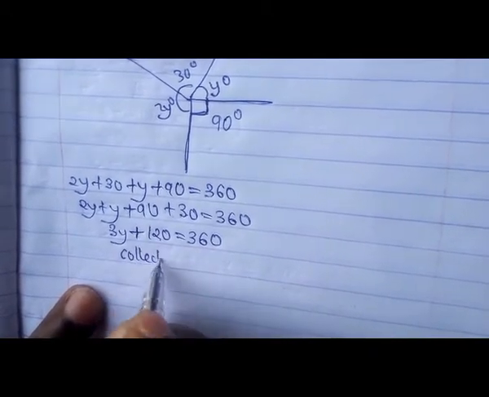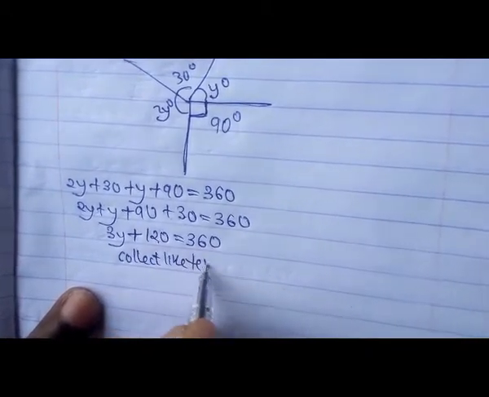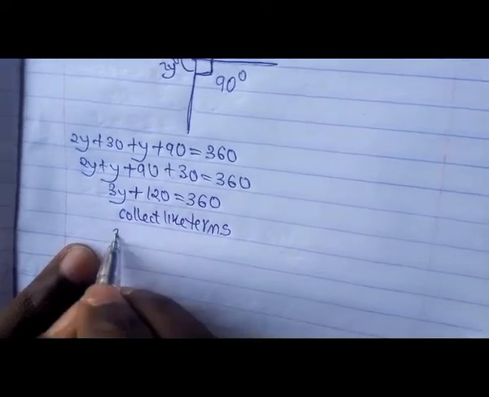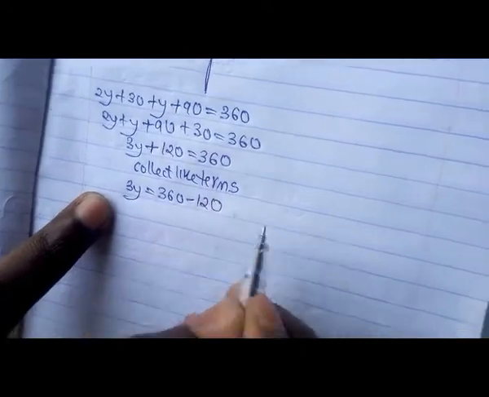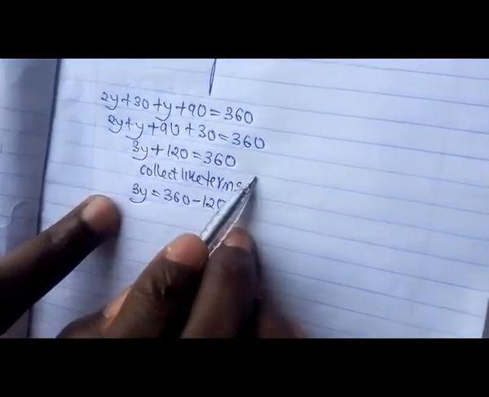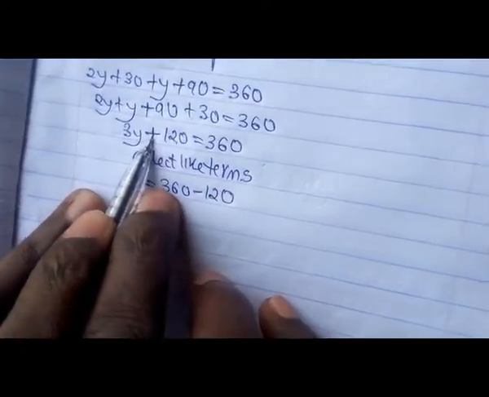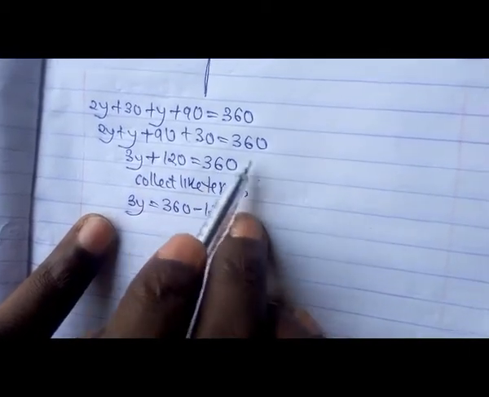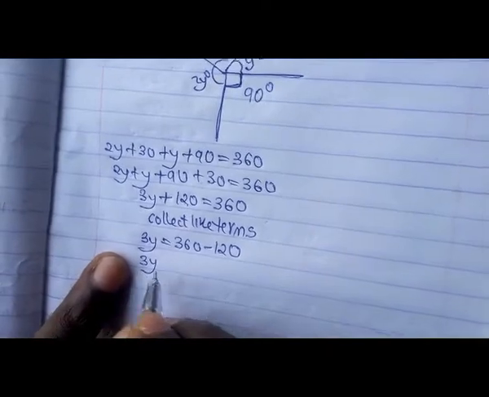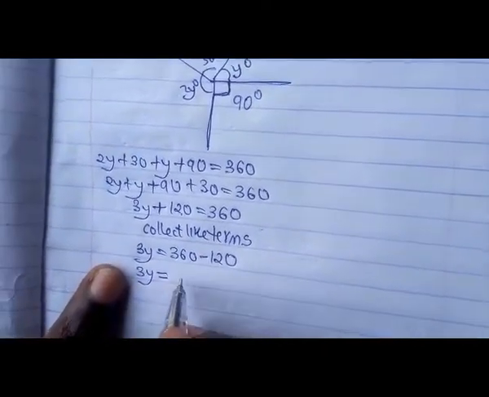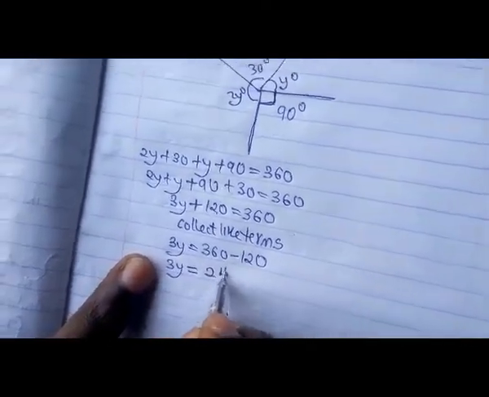Collect like terms. 3y equals 360 minus 120. Why? This one will be plus 120 here, but when it crosses over, it becomes minus 120. Therefore, 3y equals 240.